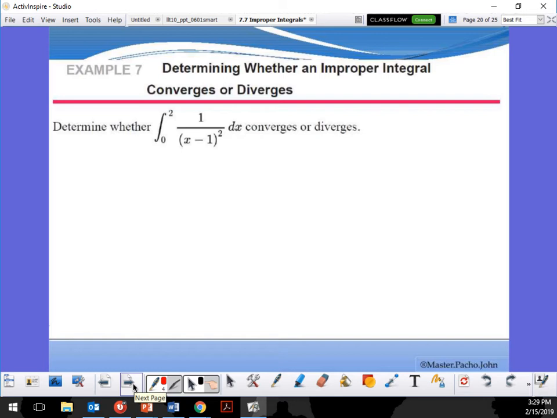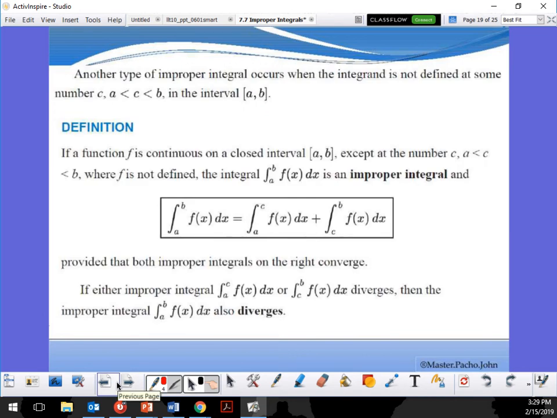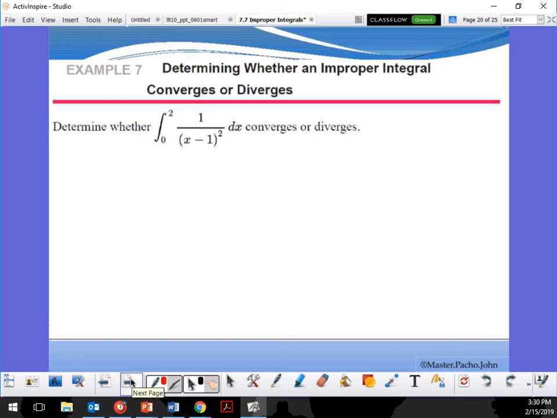Okay, so we're going to determine whether this rational function right here converges or diverges. Since we went through the very last theorem, before I even go through evaluating this, how may I want to apply this idea to this integral?